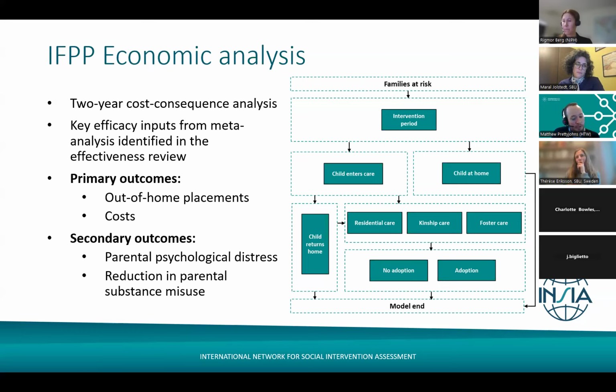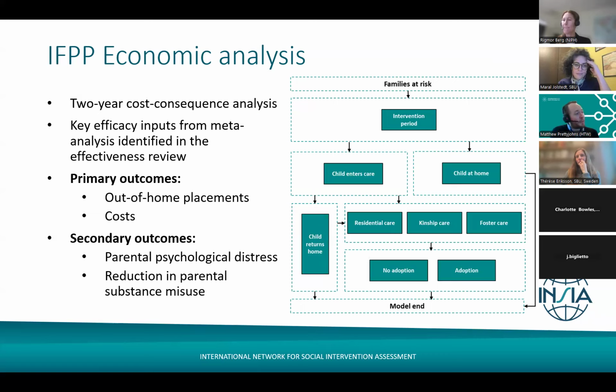There was evidence suggesting that the risk of an out of home placement was reduced by roughly 50% if you had an IFPP. So what we're able to do is build an analysis that utilized that as the key outcome. I won't go through that model in full detail. Hopefully it's clear enough.